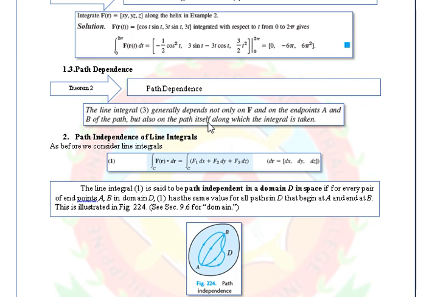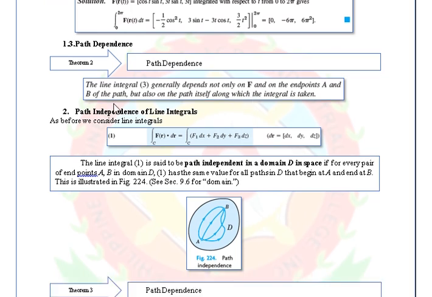So it means that if we vary the path or the orientation of the arc or the line, the integral will also vary. That is what this theorem means. In short, it is path dependent. It depends on the orientation or the shape of our path.